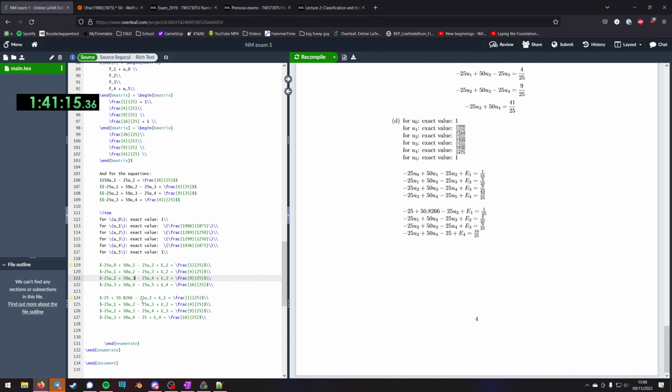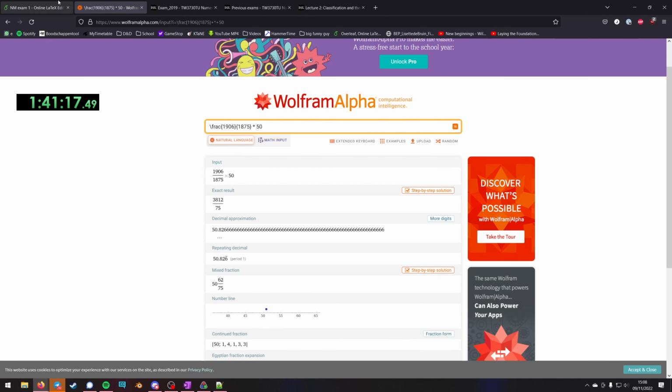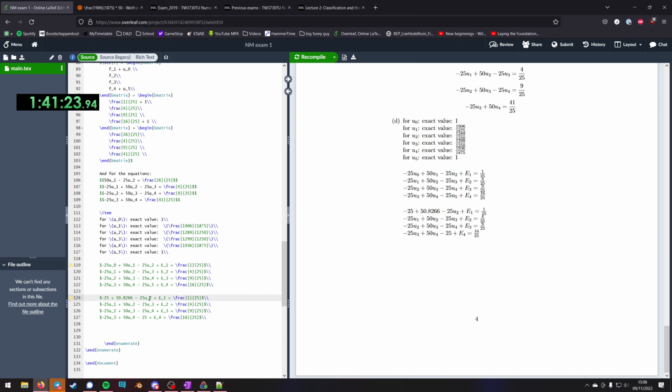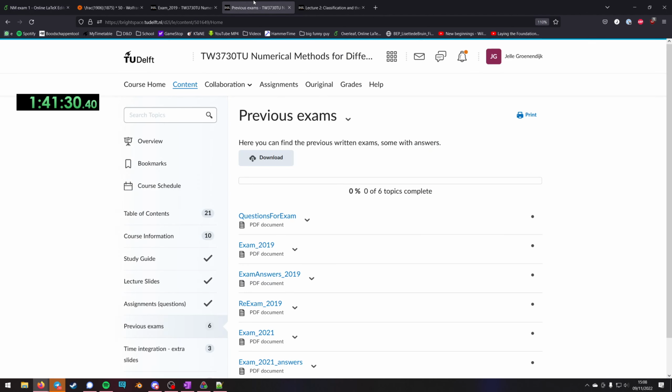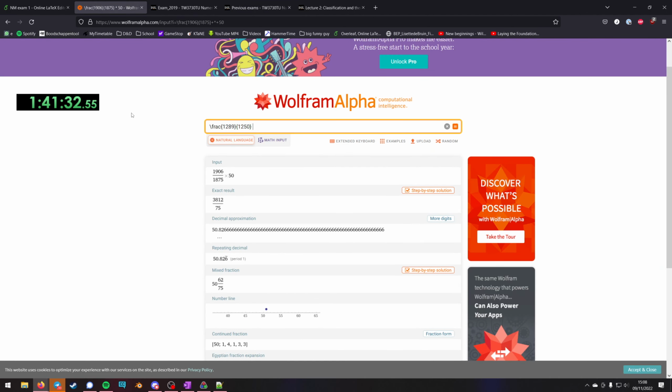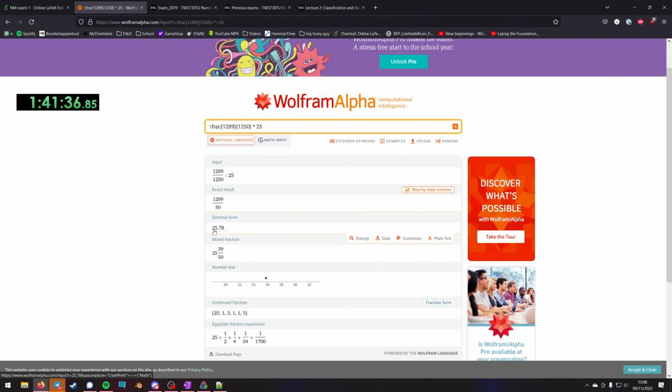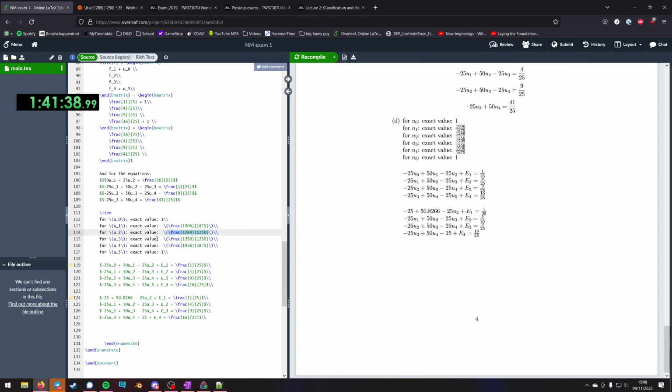And I'm kind of lazy, so I'm not gonna write it out completely, even though they ask for it exactly. The same numerical value, good enough. So 25 times u2 is this thing times 25. So minus this.